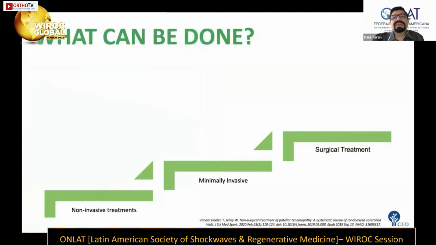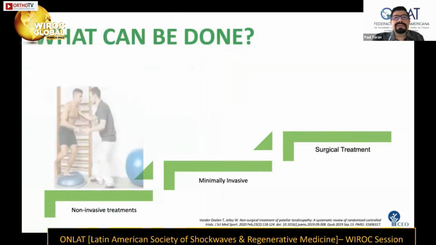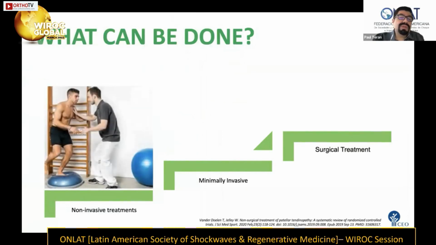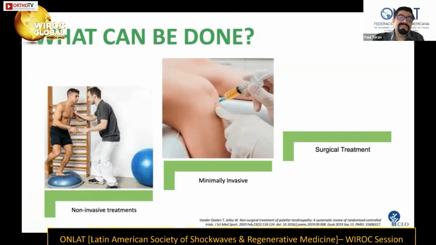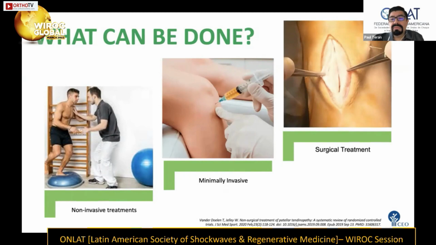But what can be done? The first stage is a non-invasive treatment like physiotherapy, or minimally invasive treatment. In this stage, biological treatments enter, or in some complicated cases, a surgical treatment.